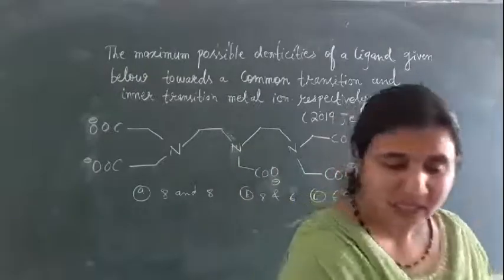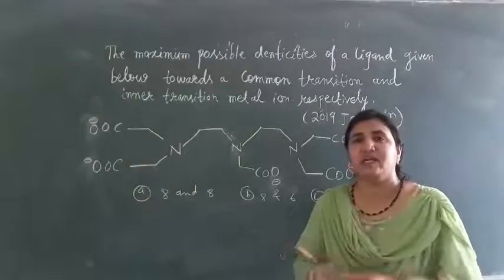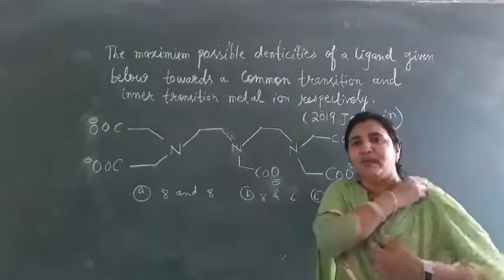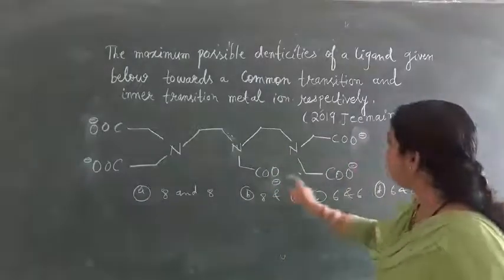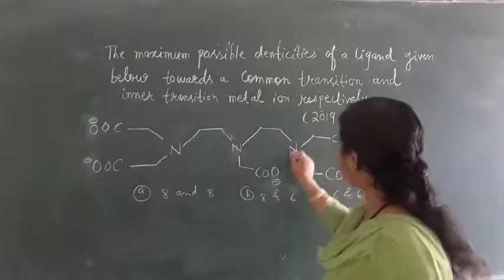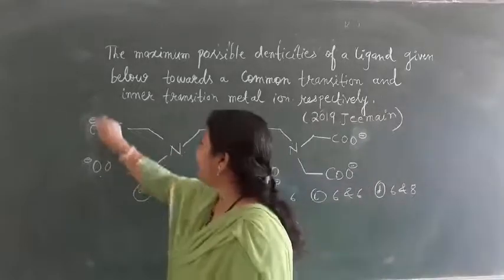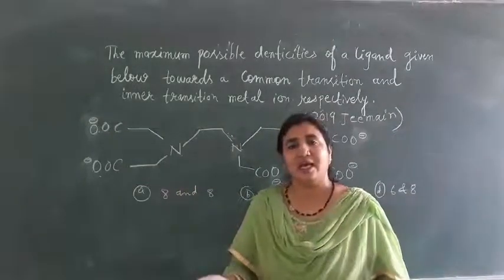This ligand is a flexible ligand. It can donate electron pairs: 1, 2, 3, and this nitrogen also can donate, so 1, 2, 3, 4, 5, 6, 7, 8. The denticity is 8. This ligand can donate 8 electrons.